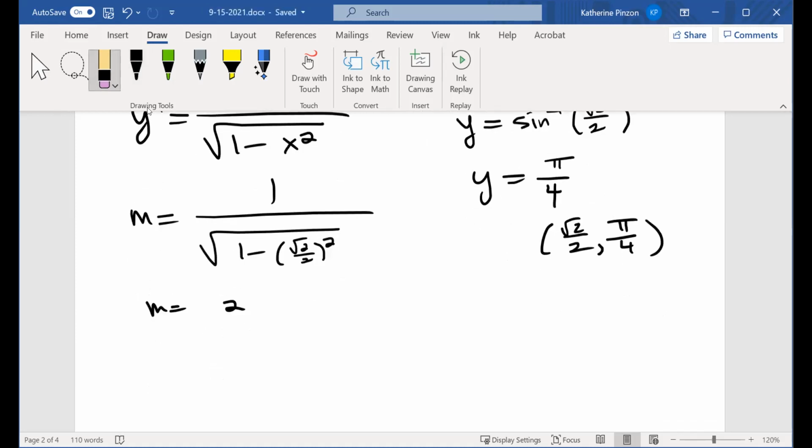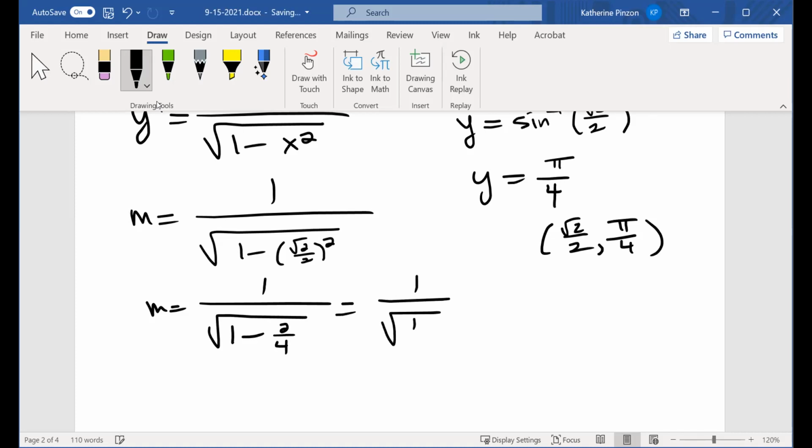Let's go slower. 1 over square root of 1 minus, when I square root 2 over 2, what do I get? 2 over 4. 1 minus 2 over 4 is 2 over 4, right? 1/2. 1 divided by the square root of 1/2 is flip it and multiply, which is square root 2. Yeah, that's what 1.414 equals.